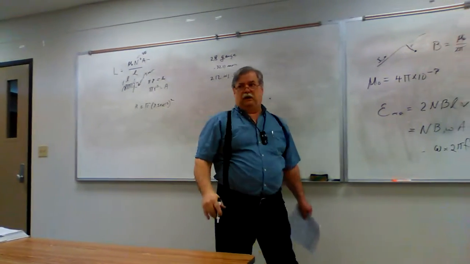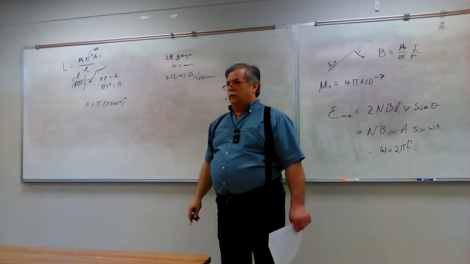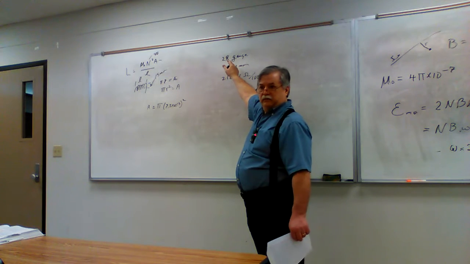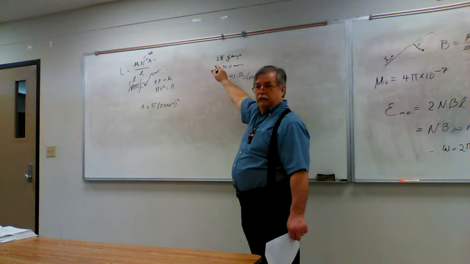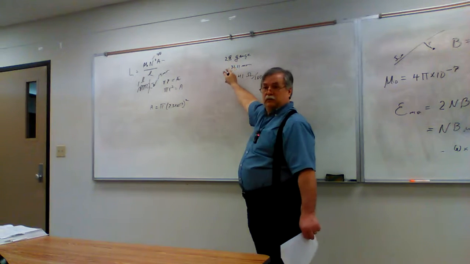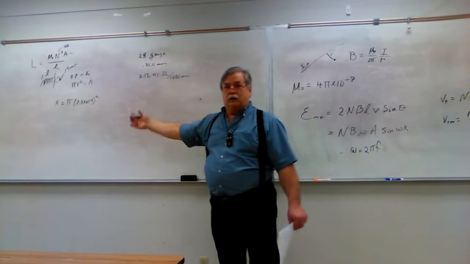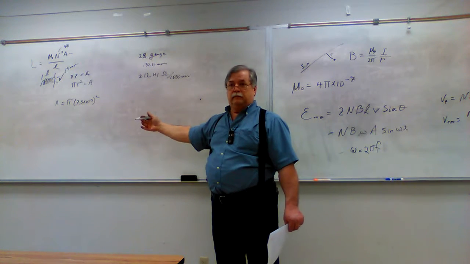How long will it be? If each turn is 0.3211 millimeters, the diameter of the magnet wire, then 100 times this dimension would be your length. How long would that piece of wire be?